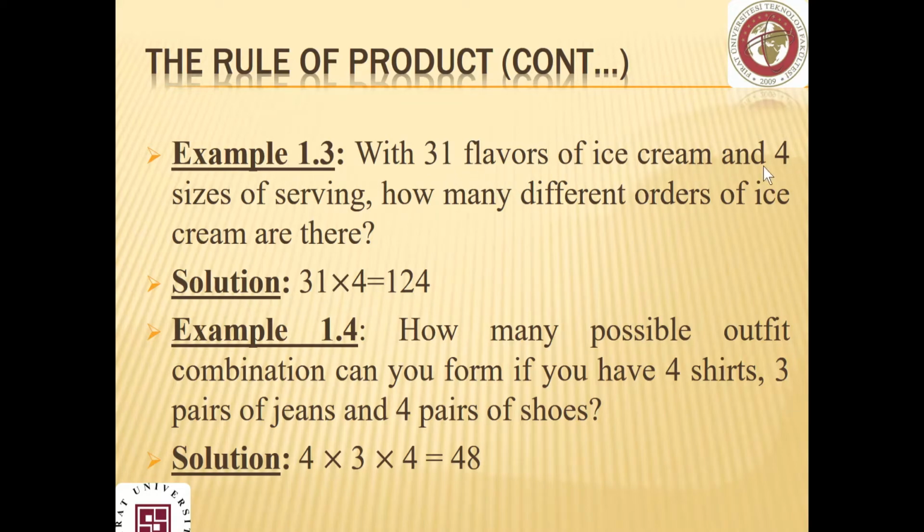So 31 times 4, and that is the rule of product. Why? Each and every flavor has 4 serving sizes, and that's what composes the stages of the selection. All right, let's take another example so that the idea becomes a bit clearer.